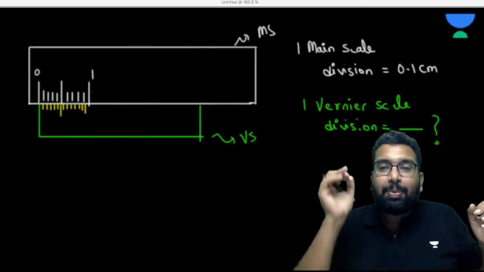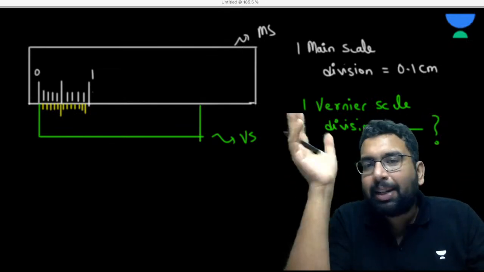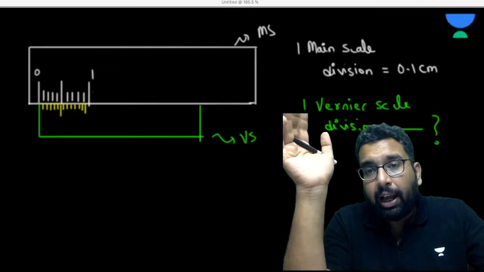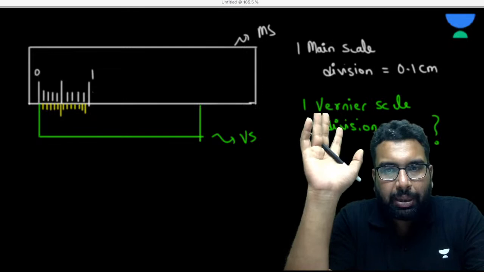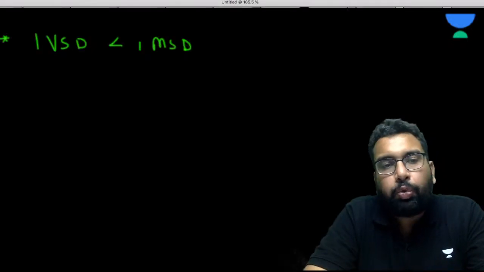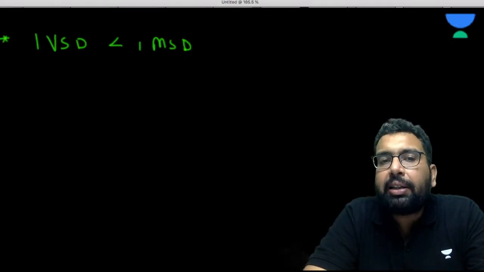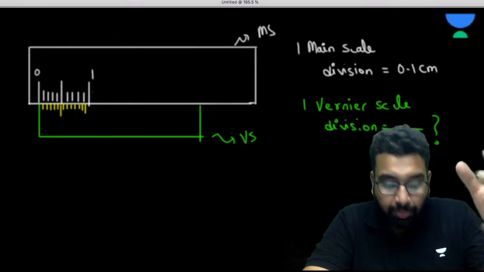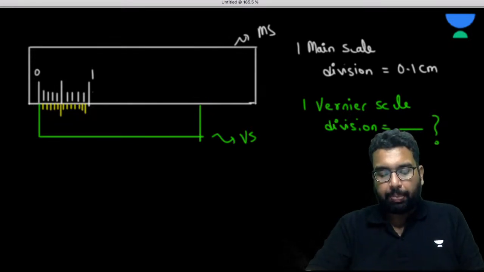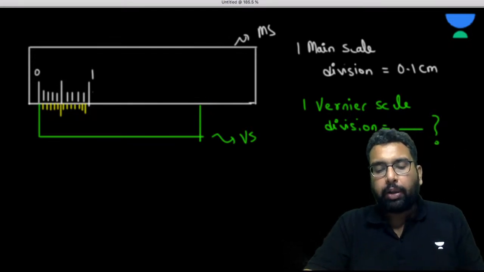Then only will you be able to measure less than 0.1 centimeter. Now again, some common sense. One vernier scale division is less than one main scale division. So that means what? How are you going to interpret that?